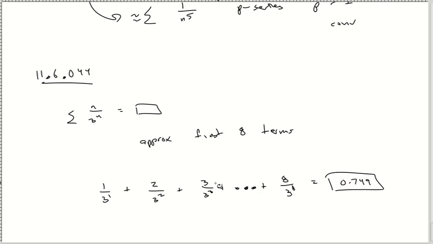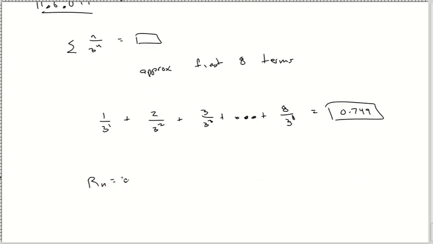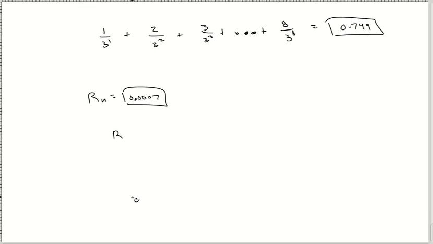Then they want to know, what does R sub n equal? I'm just going to give you the answer here: 0.007. Now, how did they get that? There's a separate little formula for all this stuff, and we might have seen it before.